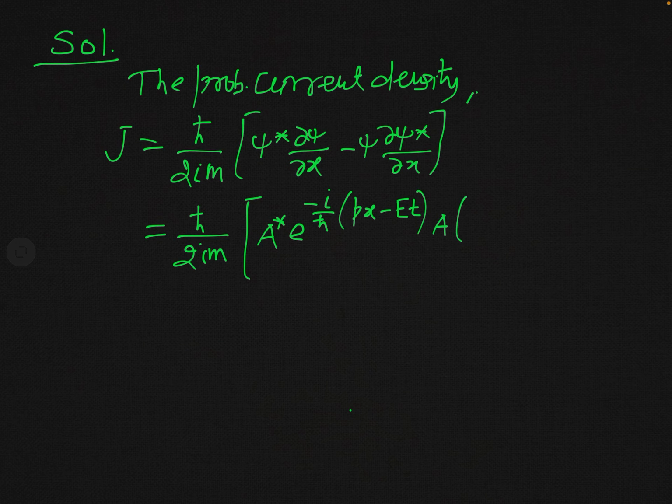A is a constant factor, so it is outside of the differential operator, and this will be A ip over h cross e to the power i over h cross times (px minus Et).